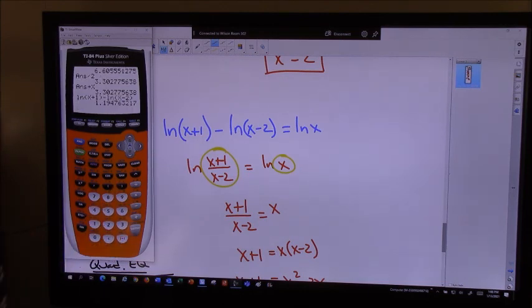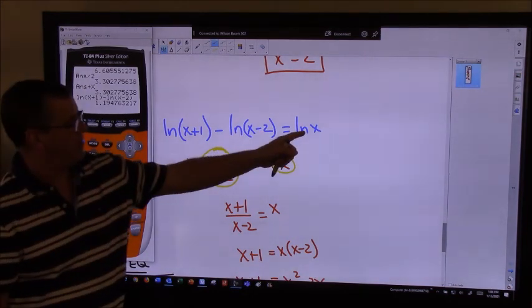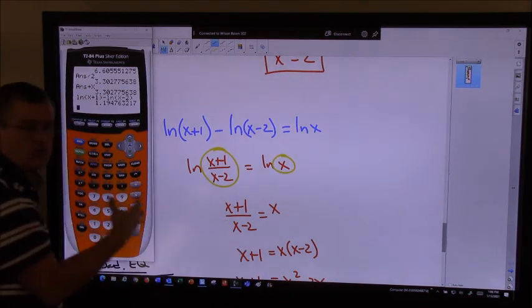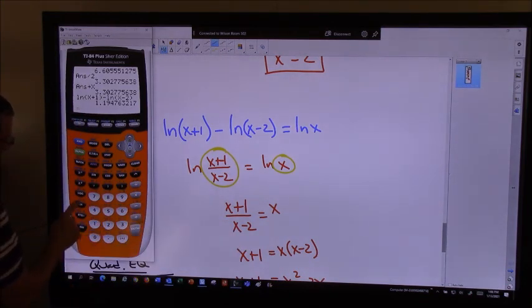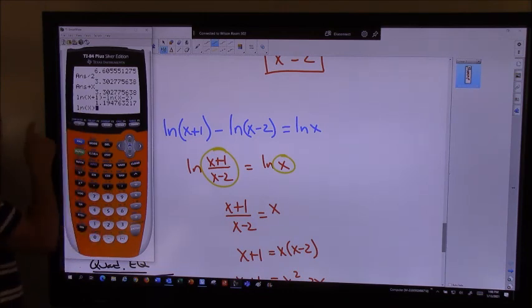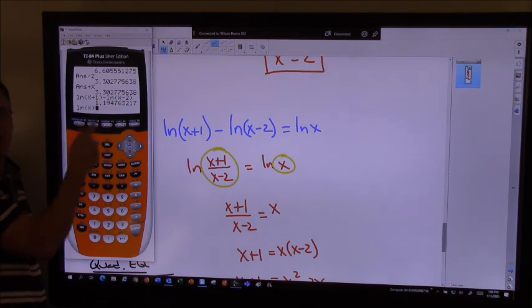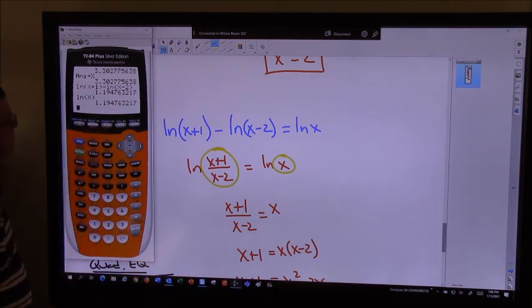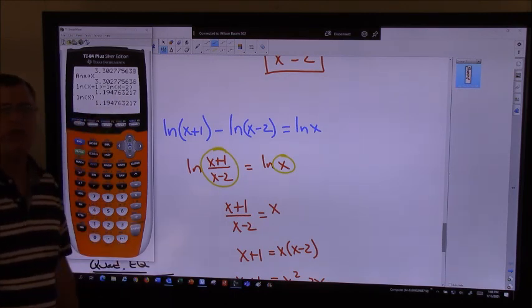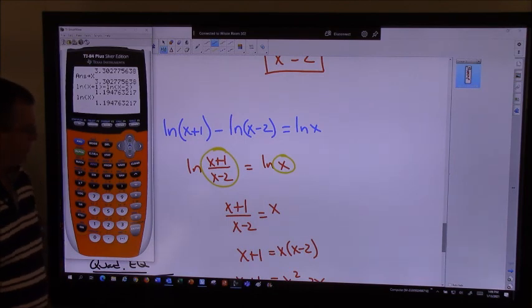Okay, 1.1947. Now I just want to see if this side equals the same thing. Remember, I stored our answer in x, so if I just go natural log of x, it should figure it out. This calculator knows what x is, because we told it, we stored it, right? Look at that, exactly the same, digit for digit, all the way across. So that right there tells me, yeah, I did everything right.